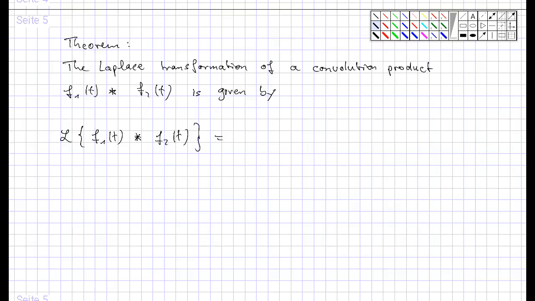equals the Laplace transformation of the integral of f1 of u times f2 of t minus u du.